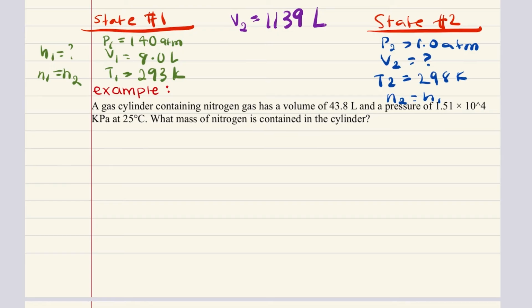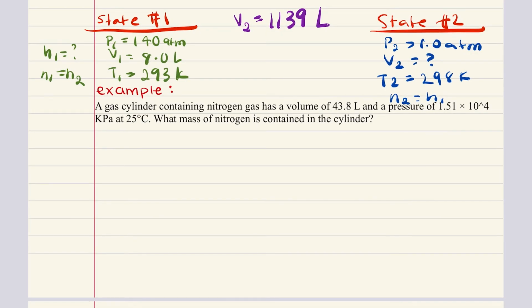All right, a gas cylinder containing nitrogen has a volume of 43.8 liters and a pressure of 1.51 times 10 to the fourth power kilopascals at 25 degrees Celsius. What mass of nitrogen is contained in the cylinder? The first thing we need to consider is which gas law should be used.